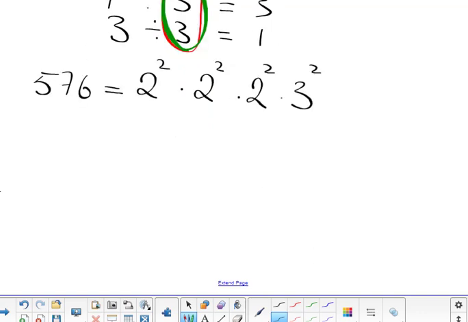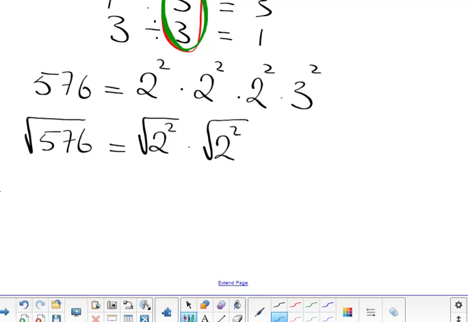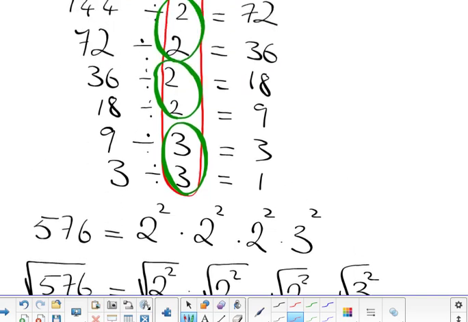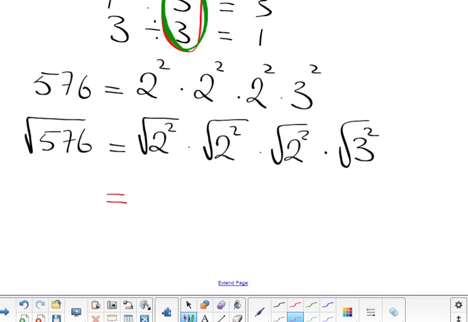Now, the square root of 576, we could go through square root of 2 to the power of 2, times square root of 2 to the power of 2 again, times square root of 2 to the power of 2, times square root of 3 to the power of 2. Now, what's that equal to? Well, as we just saw previously, the square root of 2 to the power of 2 is just 2, isn't it?